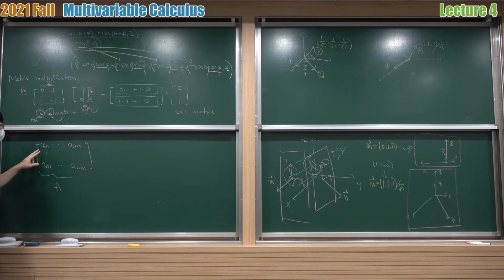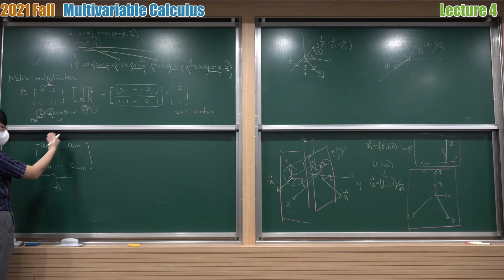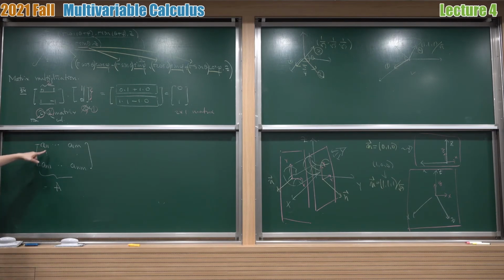When I write it this way, I'm saying that A11 is the element of the first row, first column of the matrix A, and so on. So when I change my column, my second index increases from 1 to m because there are m columns here, and there are n rows. So when I move across the rows, I'm increasing my first index.